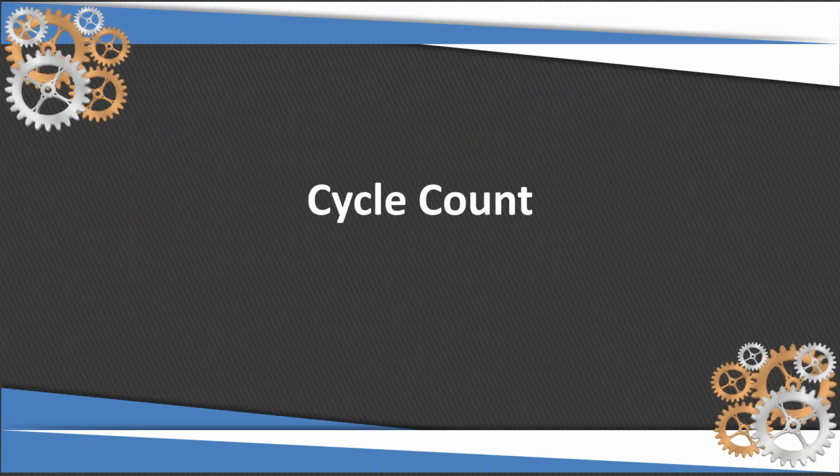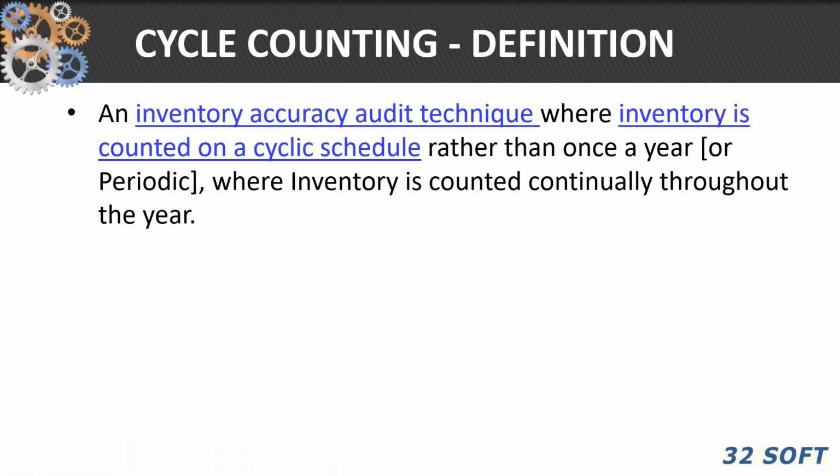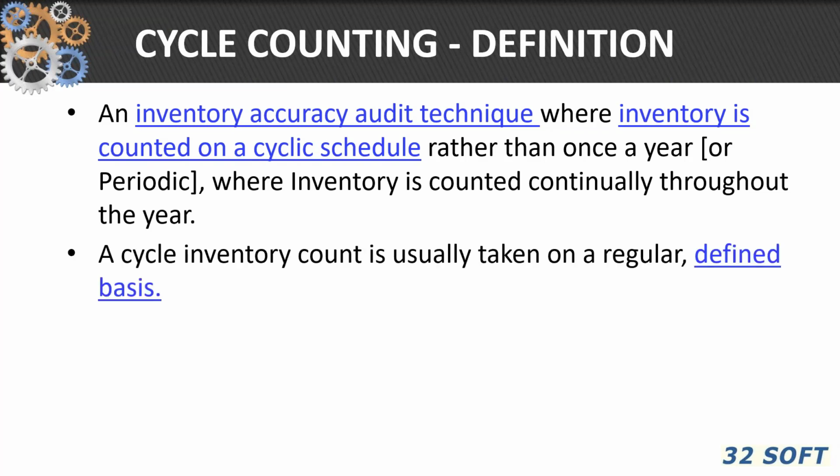So now that we understand a little bit about the perpetual record, let's talk just a bit about cycle counting. What is the definition of cycle counting? It's an inventory accuracy audit technique where inventory is counted on a cyclical basis throughout the year.